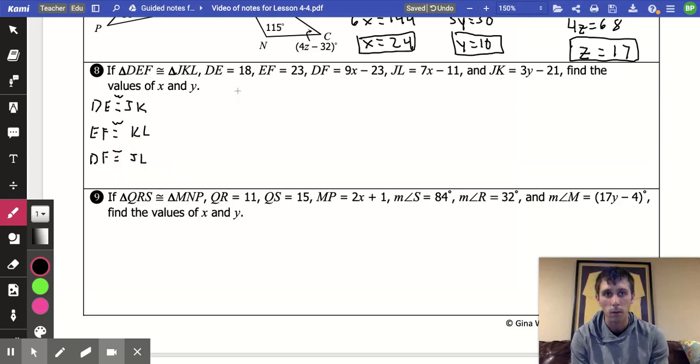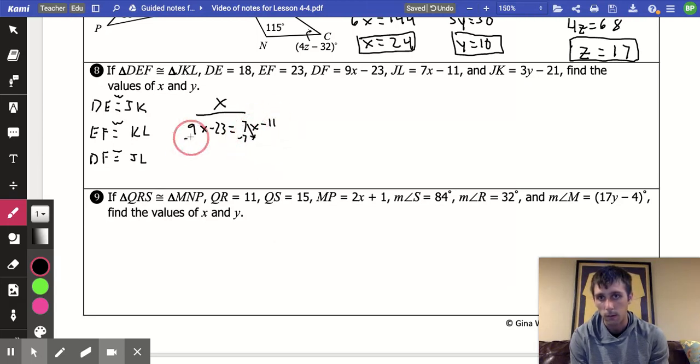All right, so now we need to find x and y. So x, which ones have x in them? DF and JL. Well, what do we know about DF and JL? They are equal. So we're going to set 9x minus 23 equal to 7x minus 11.